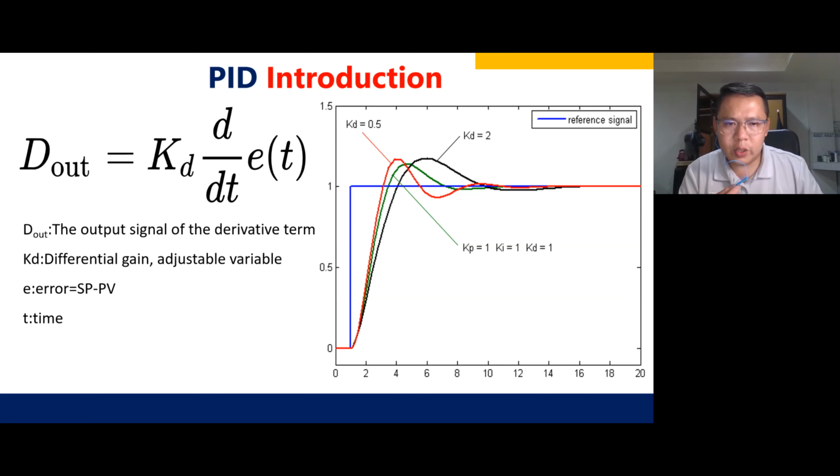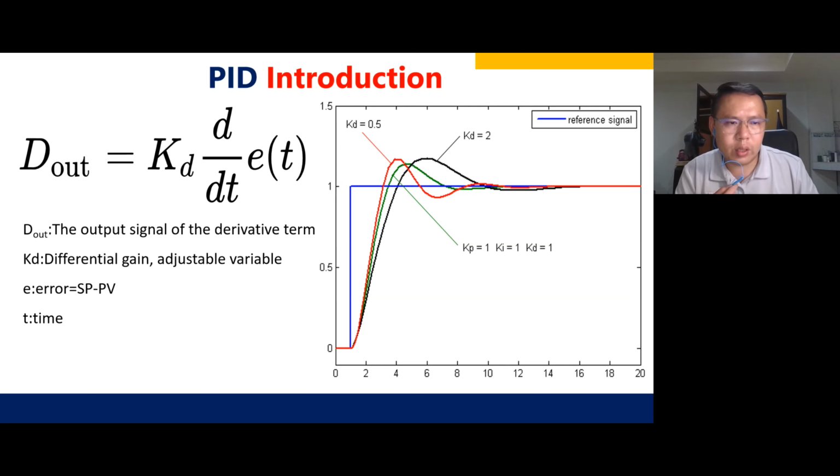The derivative term slows down the rate of change of the output signal of the control system, thereby helping the control system reach the desired point. Therefore, the derivative term is used to reduce the overshoot amplitude caused by the integral term and improve the stability of the control system.